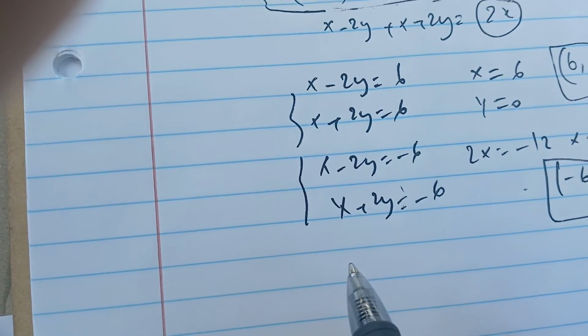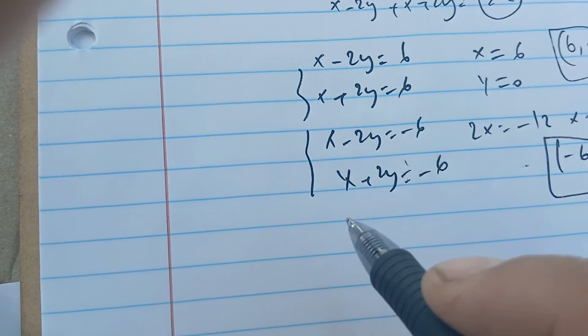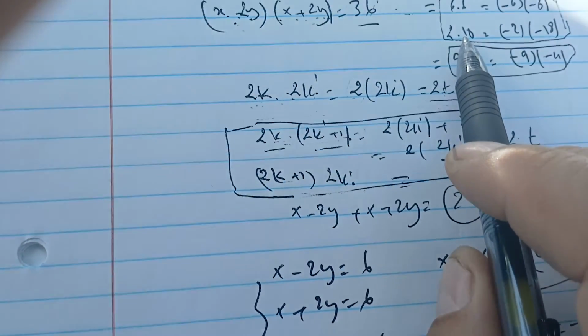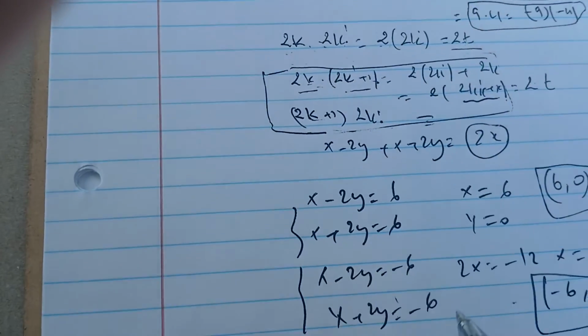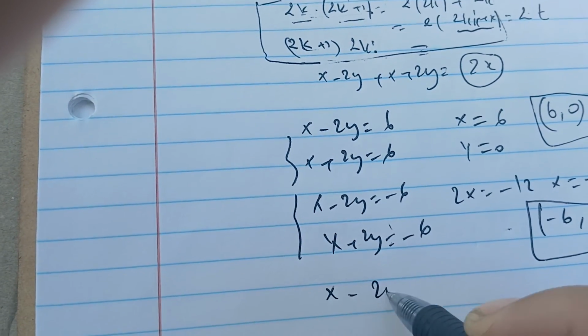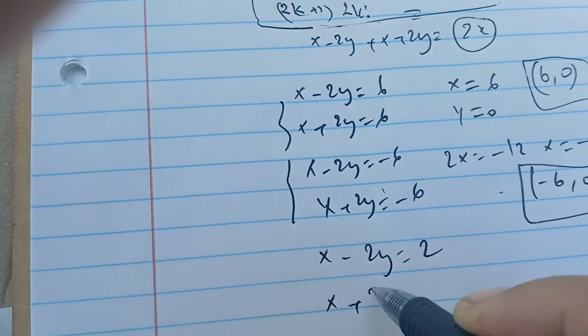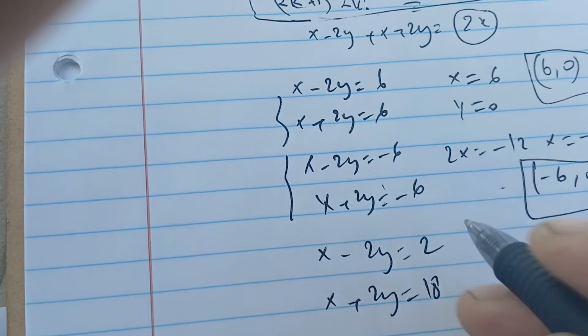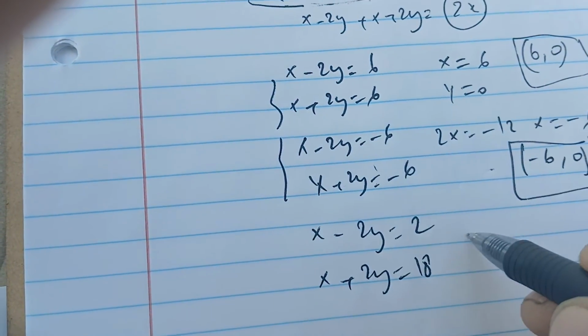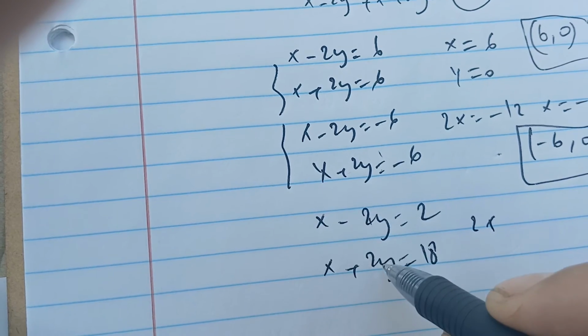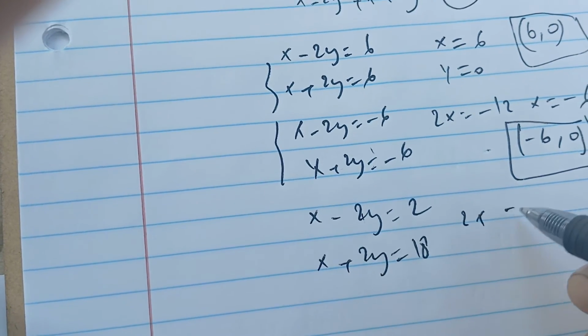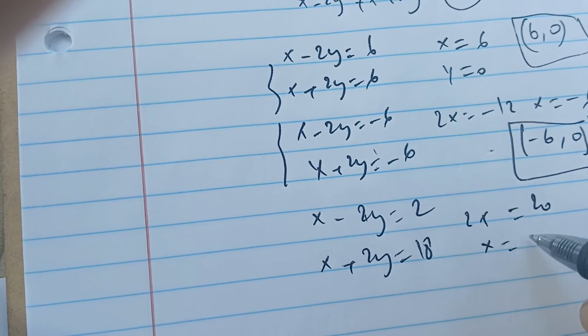I'm going to do one more. When I have 2 times 18, I have x minus 2y is 2 and x plus 2y is 18. I add these two equations and I get 2x, since 2y minus 2y is 0. So I get 20, which means x is 10.